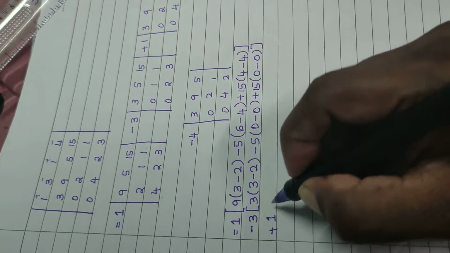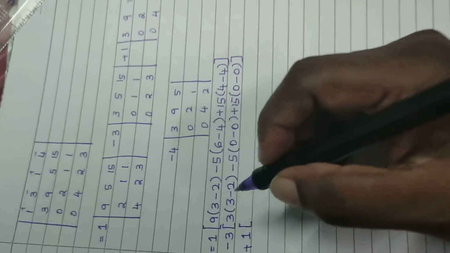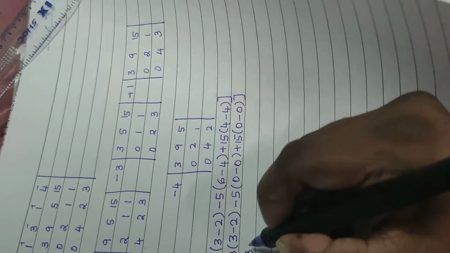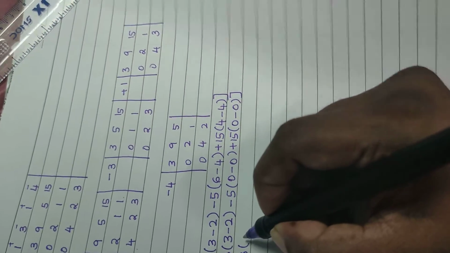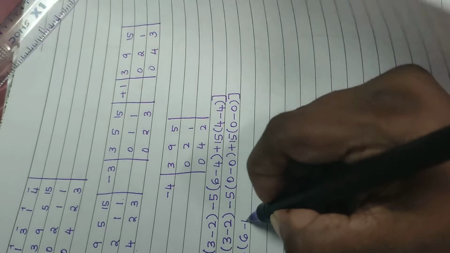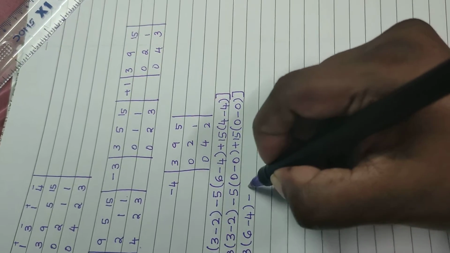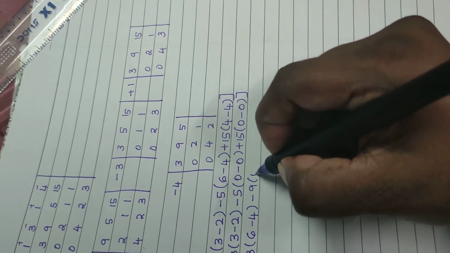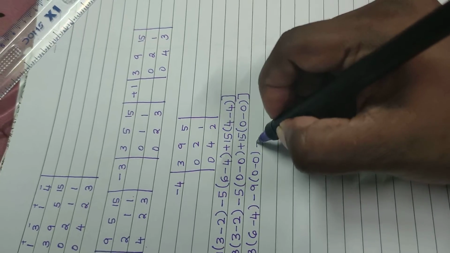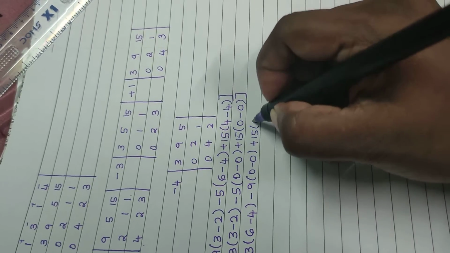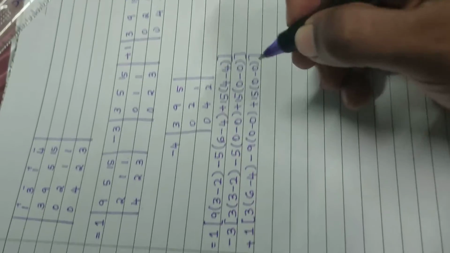Plus third one, 3 into 2 into 3 is 6 minus 4. Now I am going a bit faster. This I'll get as 0 plus 15. Again I get 0.